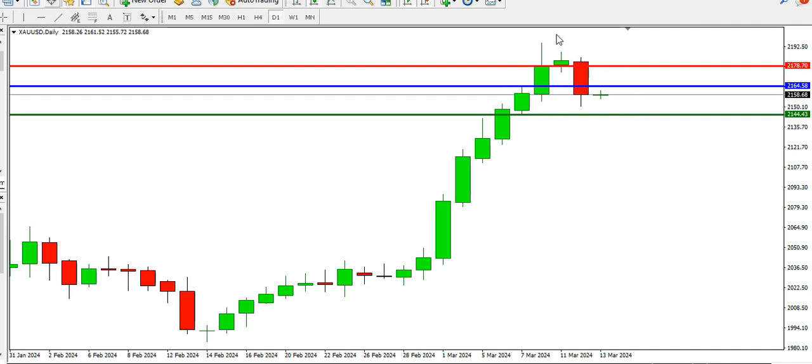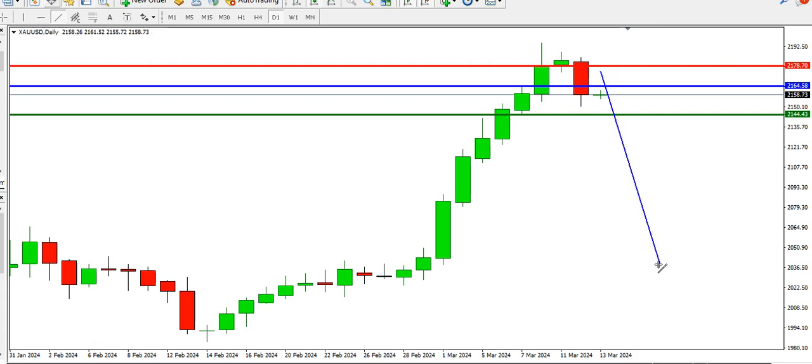Another thing to look at on the daily time frame is the formation of what we call the evening star candlestick pattern, where you have a bullish run, you have a small bullish candle, and then you have a drop. So this is a likely indication that we might see a reversal.